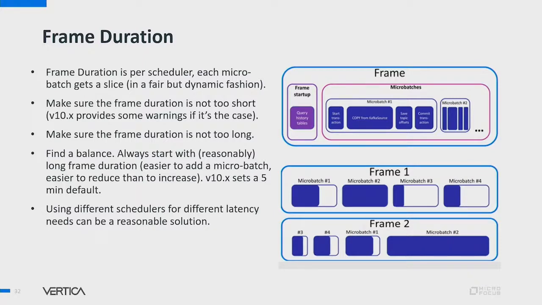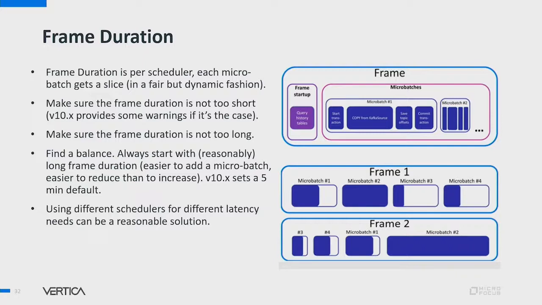If you're using Vertica 10.0 or 10.1, we do have certain warnings in place. If, for example, frame duration is less than 2 seconds, then Vertica gives a warning that probably this is too small. We also need to make sure that frame duration is not too long, because that will also not be very optimal, depending on how good or bad the throughput is for a given Kafka topic.